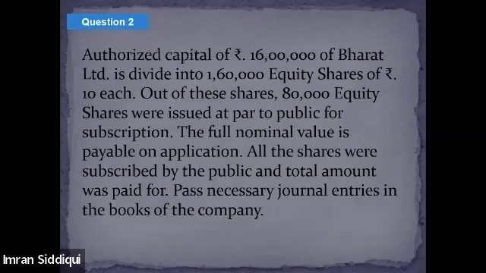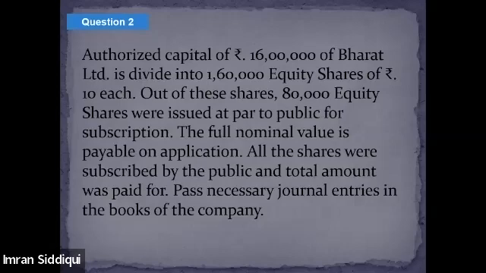The entry for the receipt of application. Bank account debit to equity share application and allotment. Right? Because this is a case of lump sum, so you must be collecting the entire amount along with the application and for the allotment as well. So application and allotment.